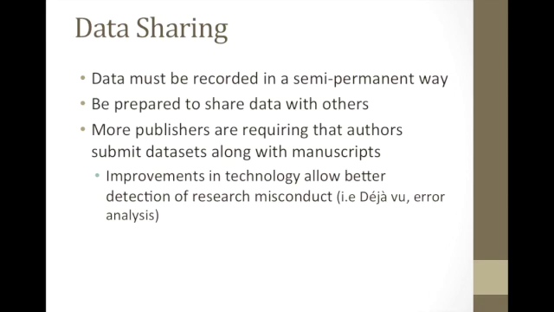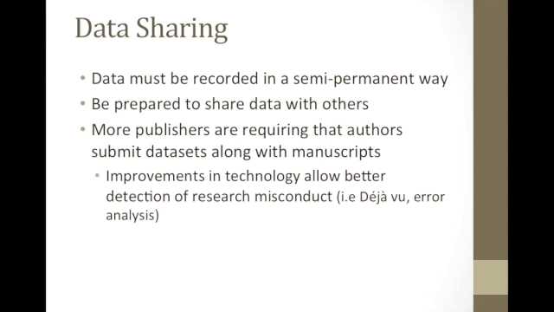For example, there's a program called Deja Vu. Deja Vu scans existing literature and compares one paper of interest to see if you've republished that paper somewhere else already, to detect that self-plagiarism. And then there's a technique called error analysis, where we can actually look for standard deviations or variability in your data to see if your data has been falsified.